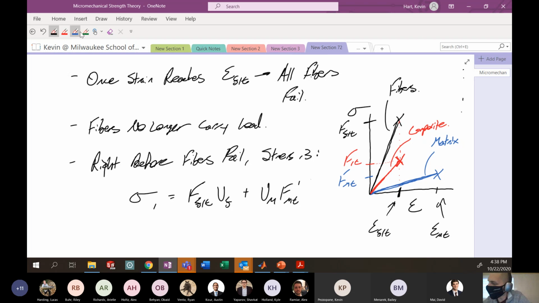So the amount of stress that's being carried by the matrix at the point of failure is going to be this value here. This is our intermediate value, FMT prime. You have to think of FMT prime as the amount of stress that the matrix is carrying when the fibers fail.